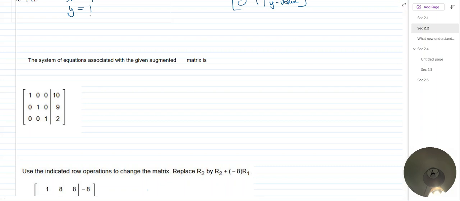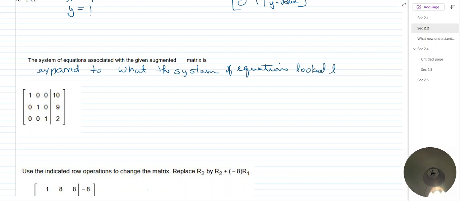The system of equations associated with a given augmented matrix: now they want us to expand to what the system of equations looks like.